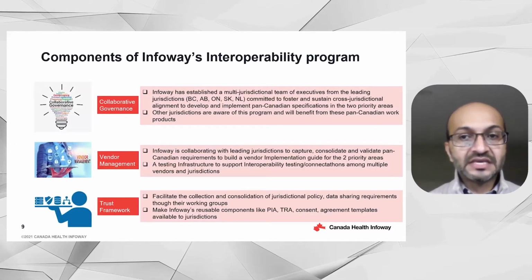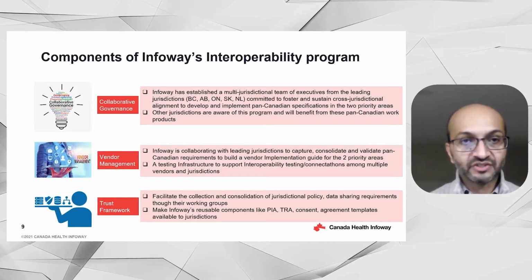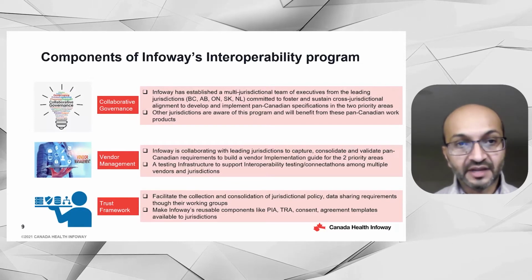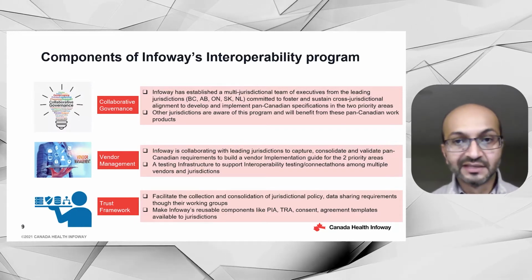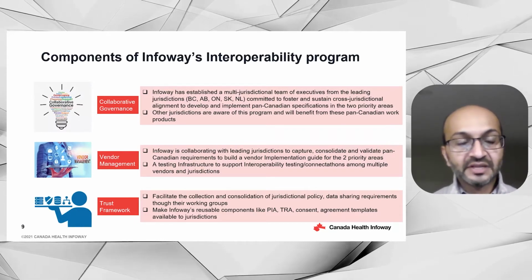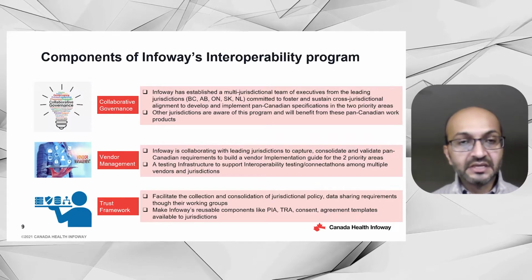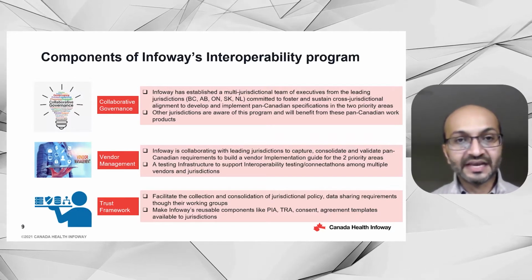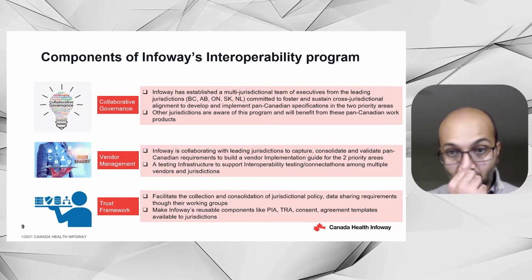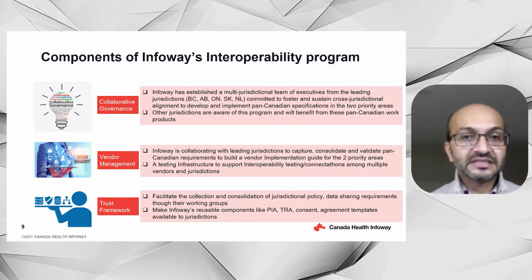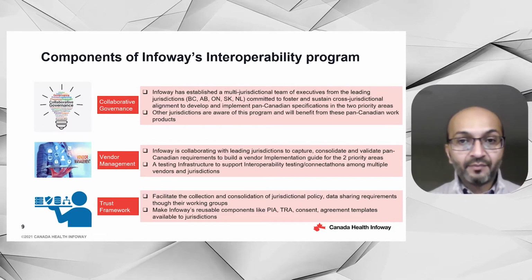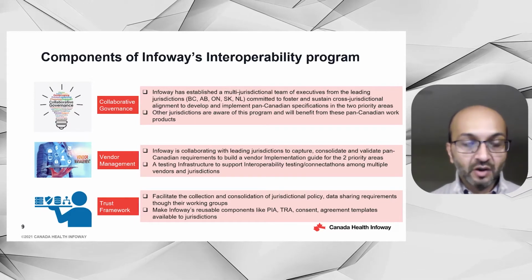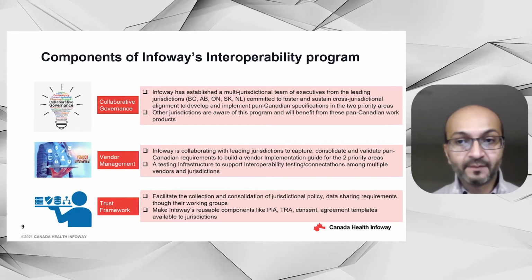I will walk you through the key components of the program that we established last year, and we continue to progress on that front. The first and foremost is the collaborative governance. This we established with some of the leading jurisdictions, BC, Alberta, Ontario, Saskatchewan, and Newfoundland, who are committed to delivering this and have put this program on their roadmap. The second key component of this program is vendor management.